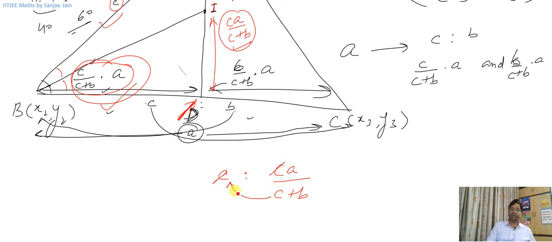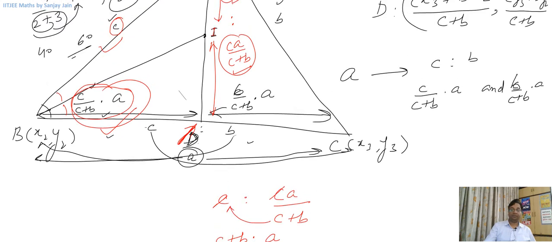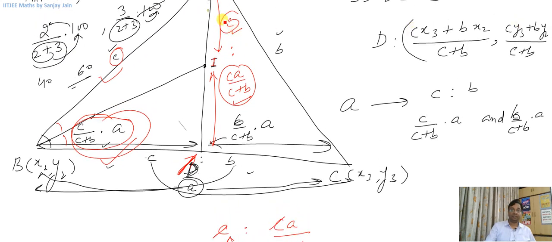So you can write it as C plus B is to A. This portion, which was previously C, will be C plus B, and this portion will be A in terms of ratios. These are not absolute values. So point I divides this line segment AD in the ratio C plus B is to A.